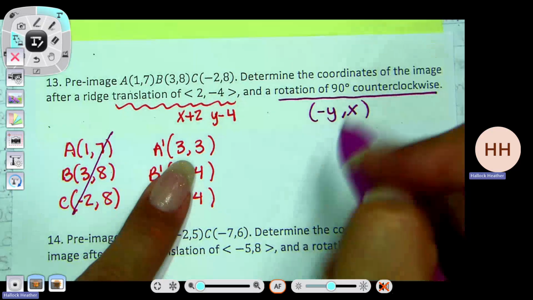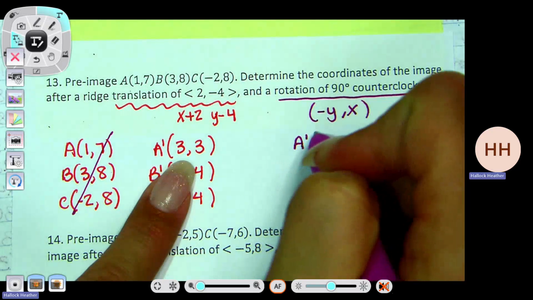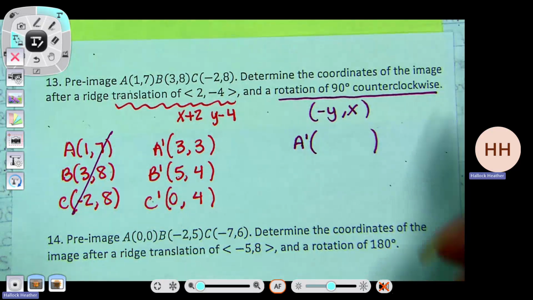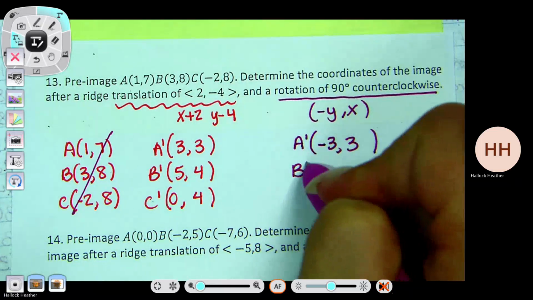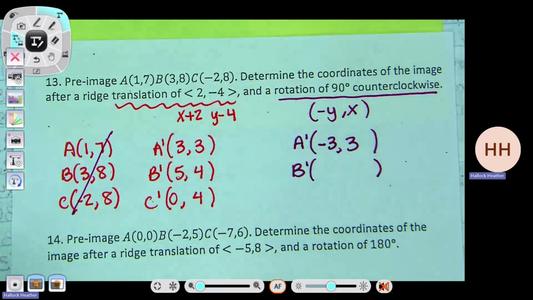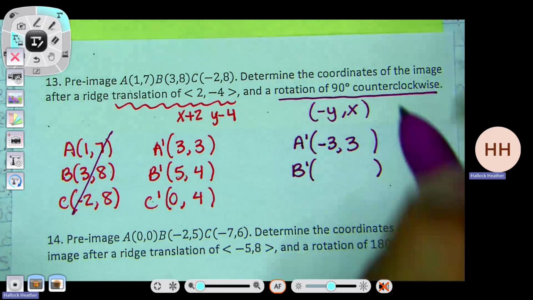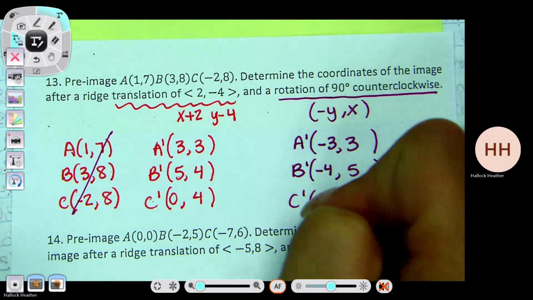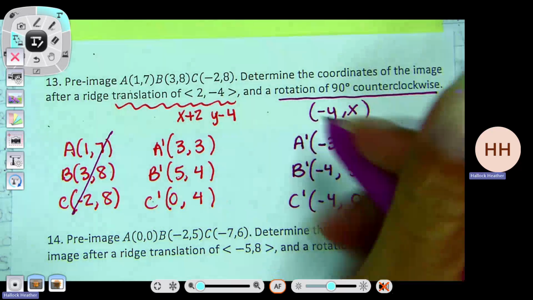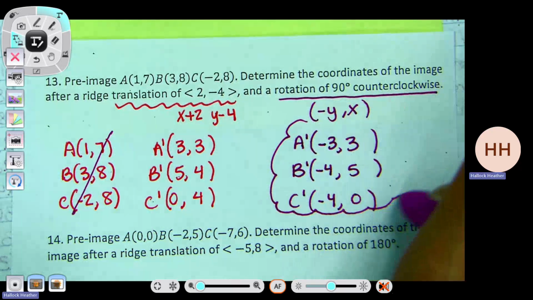So if I flip this and change the symbol in the front, what would it be now? Negative 3, 3. What about B prime? Negative 4, 5. And C prime? Negative 4, 0. And then those are the final answers.